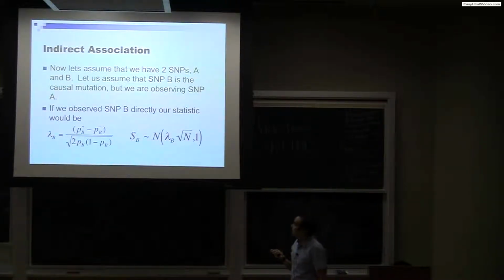Now let's assume that we have two SNPs, A and B. Let's assume that B is the causal mutation that affects the disease, but we're observing SNP A. If we observe SNP B directly, our statistic would be the non-centrality parameter for SNP B, and our statistic would come from this distribution.